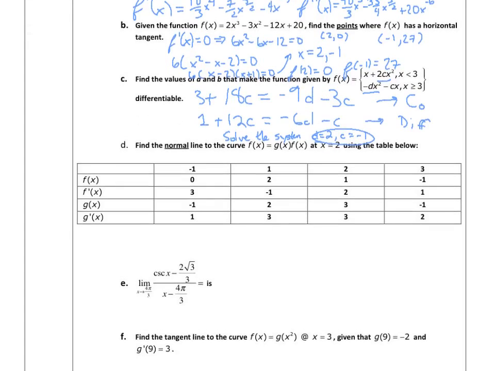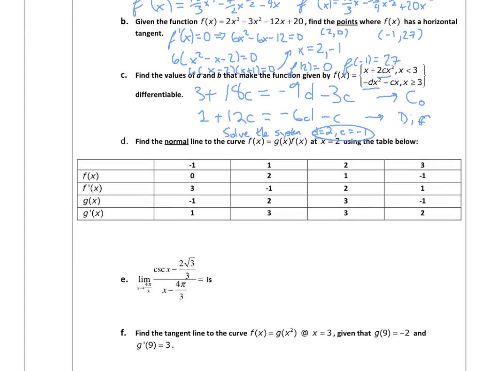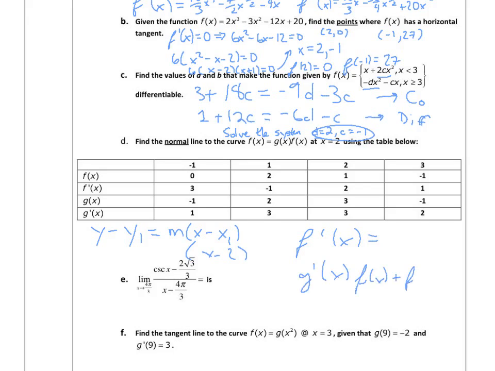Okay, letter D asks about the normal line to the curve, and that curve is defined symbolically. I know anytime I'm looking for a tangent or a normal line, I'm always starting with my point-slope form. And let's see what information I have right away here and what I need to find. It says that x equals 2, so I know I'm going to plug in x minus 2 there. I know I need a derivative for f prime of x, so that's going to be g prime of x times f of x plus f prime of x times g of x.